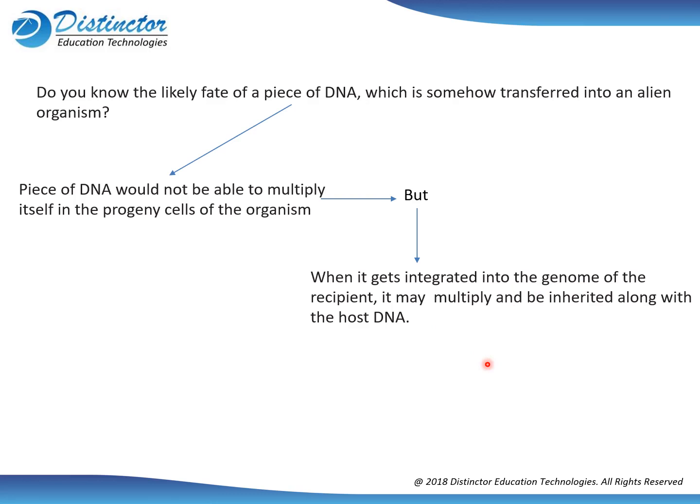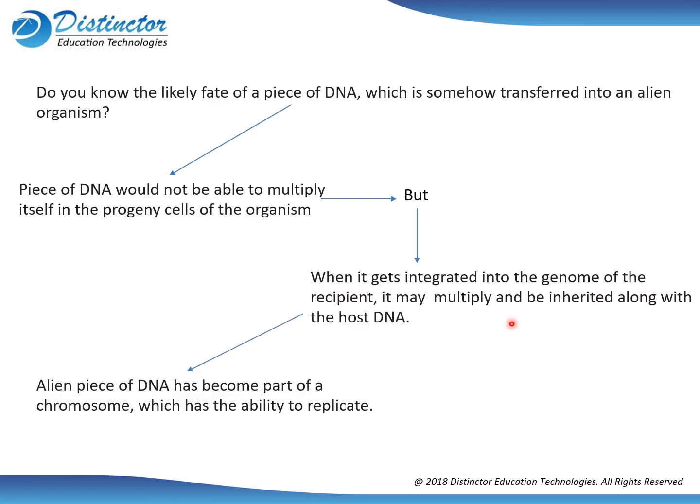So if normal cell division occurs, our gene of interest also gets divided. Then it can produce copies and be inherited from the parental organism to the offspring. So the alien piece of DNA has become a part of a chromosome which now has the ability to replicate.